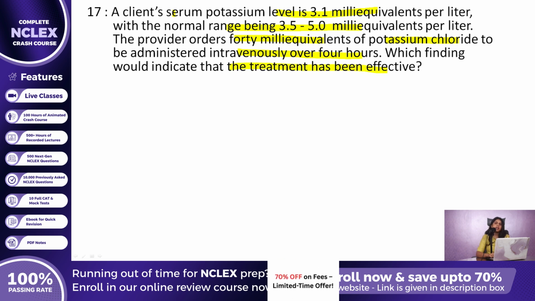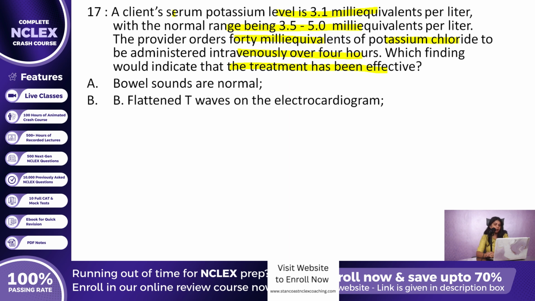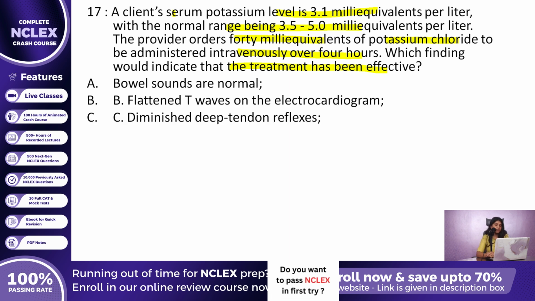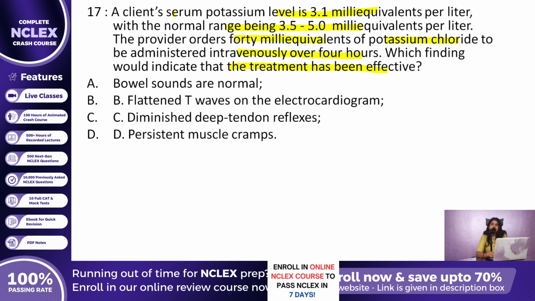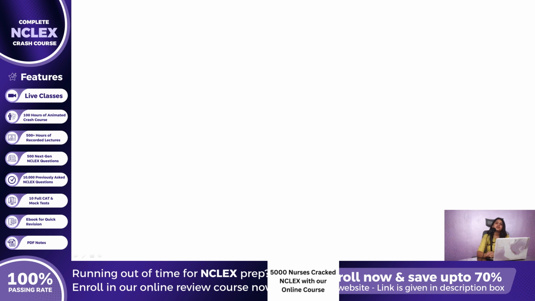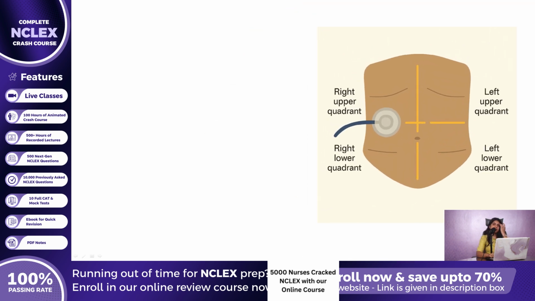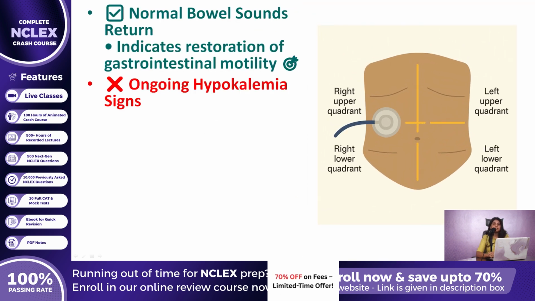The choices are A. Bowel sounds are normal, B. Flattened T waves on the electrocardiogram, C. Diminished deep tendon reflexes, D. Persistent muscle cramps. Option A is correct, because restoration of normal bowel sounds signifies return of adequate gastrointestinal motility, whereas flattened T waves, decreased reflexes, and muscle cramping all reflect ongoing hypokalemia.